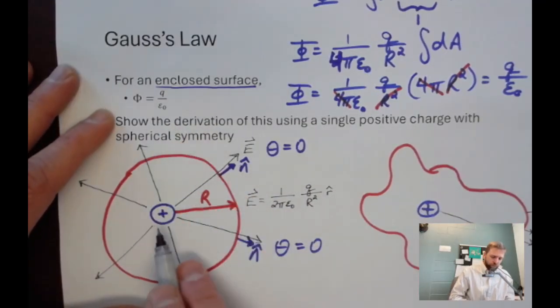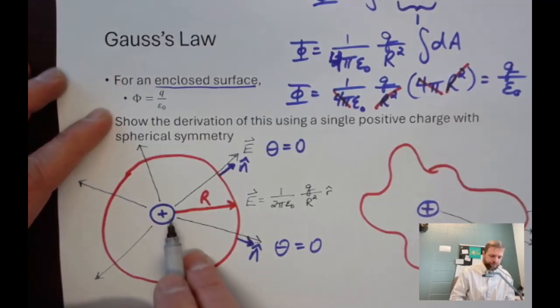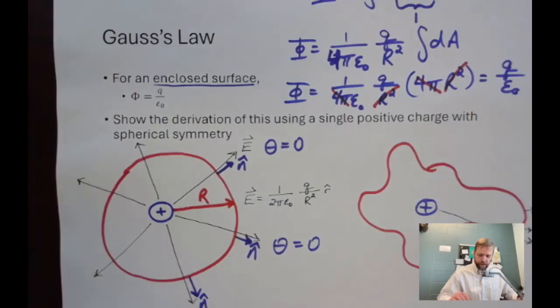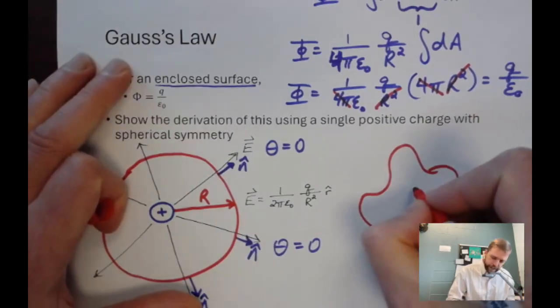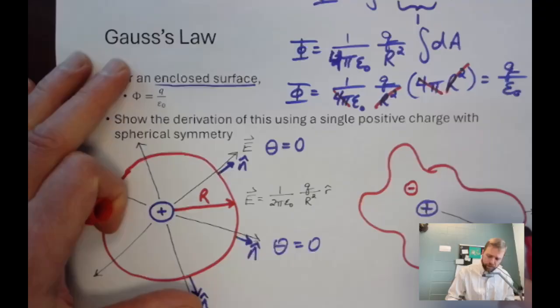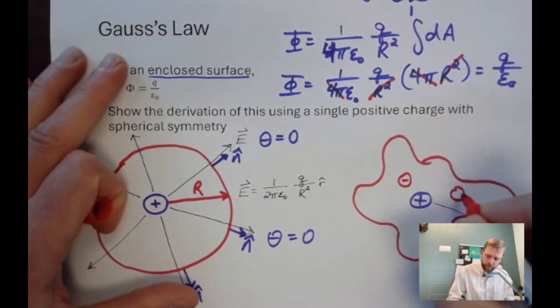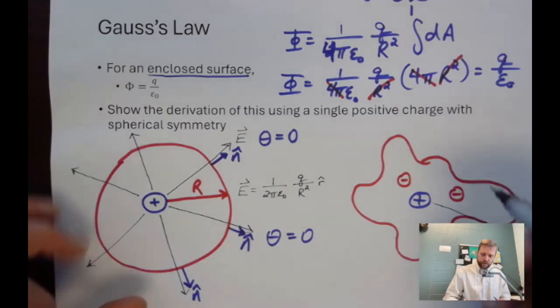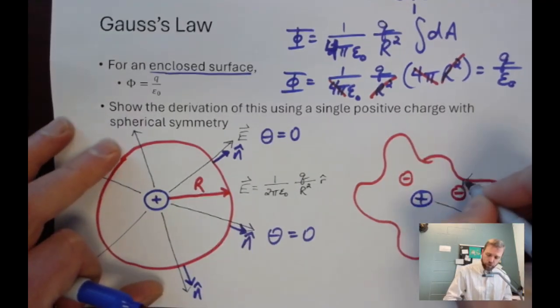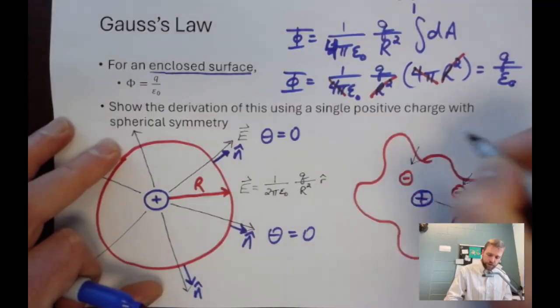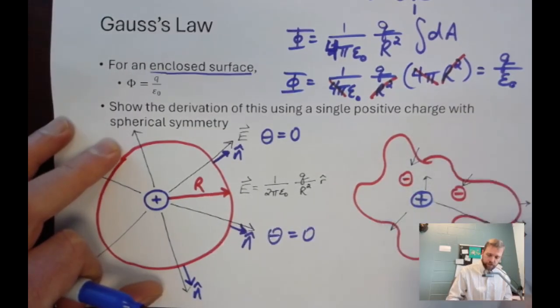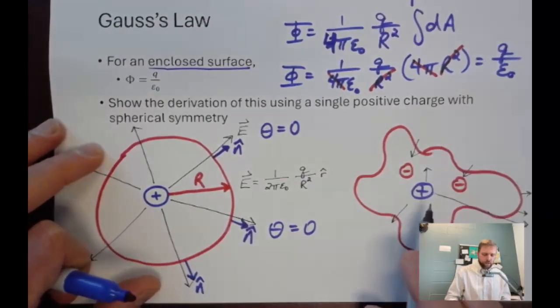Okay, so this is for a single positive charge. This can be extended to multiple charges, where if I have now, say, a negative charge in here, and let's put another negative charge in there, and then I have electric field lines that are coming toward the negative charges and leaving the positive charge.